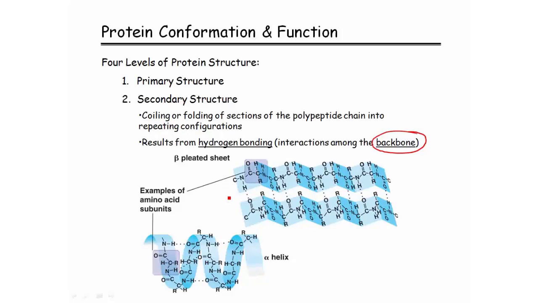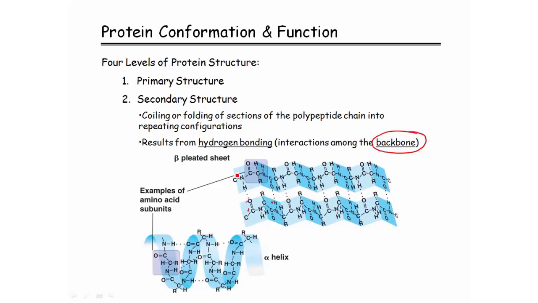Now, with the secondary structure, it is going to be due to a lot of hydrogen bonding. If we look at this molecule here, we do have a lot of polar covalent bonds when we look at the backbone. If we look here, this would be a polar covalent bond. The oxygen would be a little negative, the carbon a little positive. If we move on, this nitrogen would be a little negative, this hydrogen a little positive.